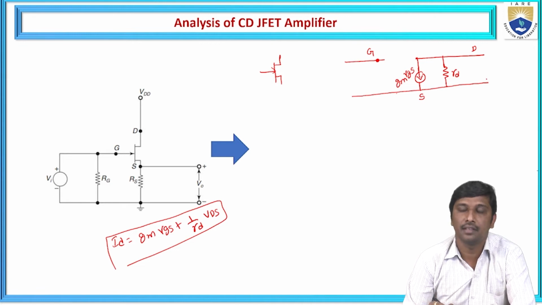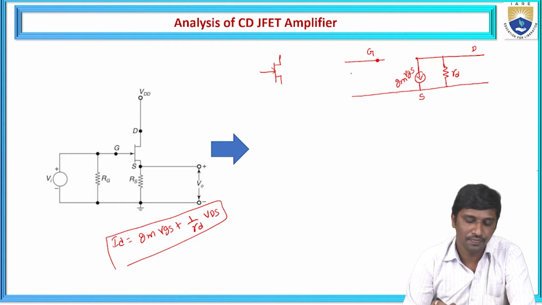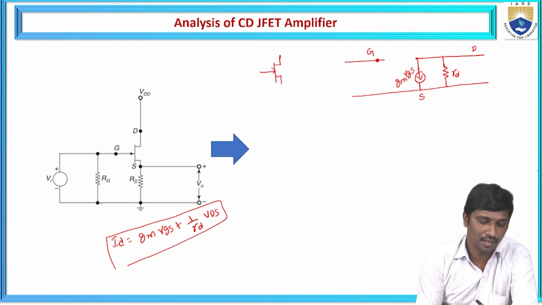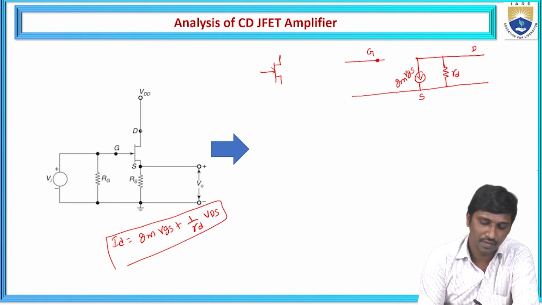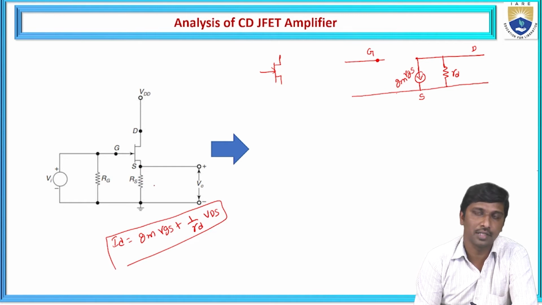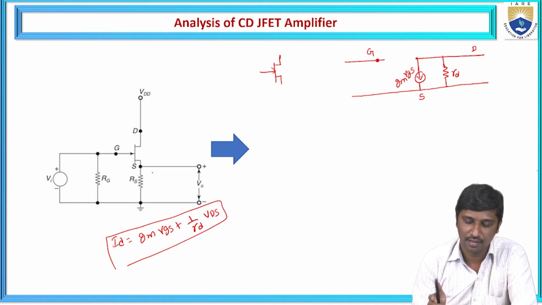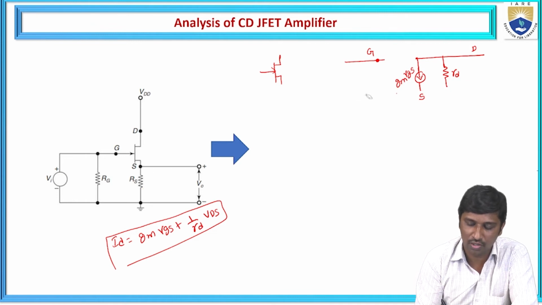So this is the model for a JFET. Now we need to use it for input circuit analysis. Across the drain, it is internally biased with VDD. Now we need to measure the output voltage across the source, or across the load resistance, called the source resistance.